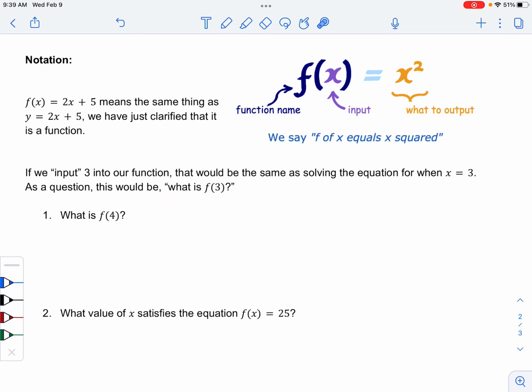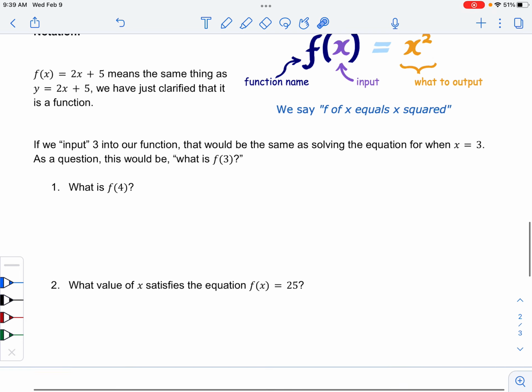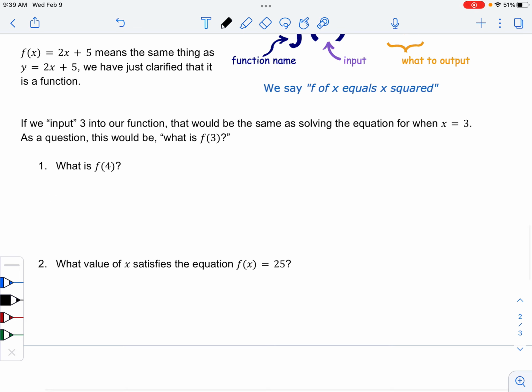And then whatever comes out is over here. This is our output. So if we're looking at the function f of x equals 2x plus 5, and we're wondering what is f of 4, that's saying if I input 4 into this equation for x.